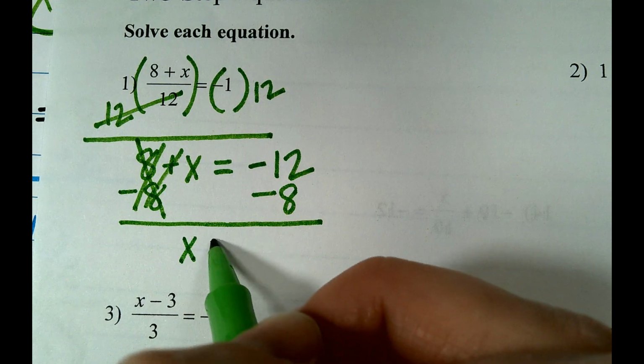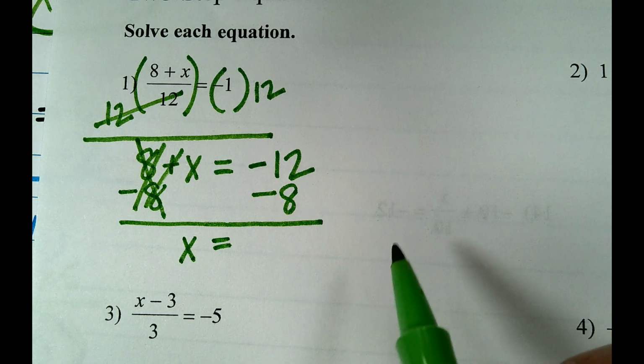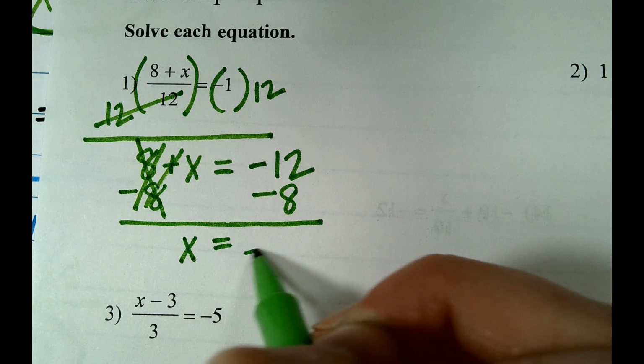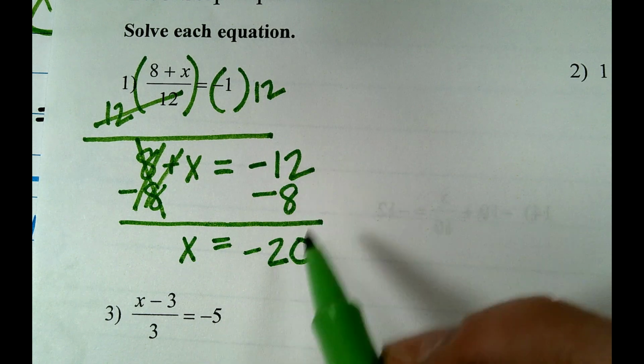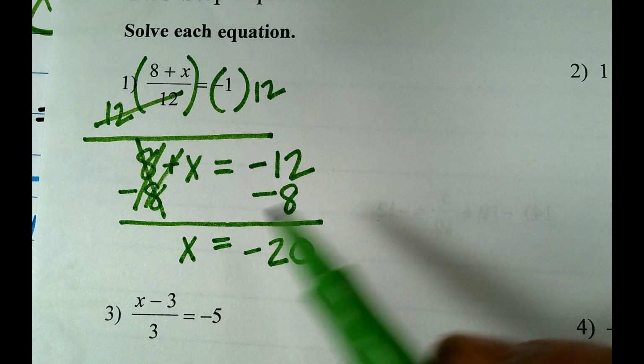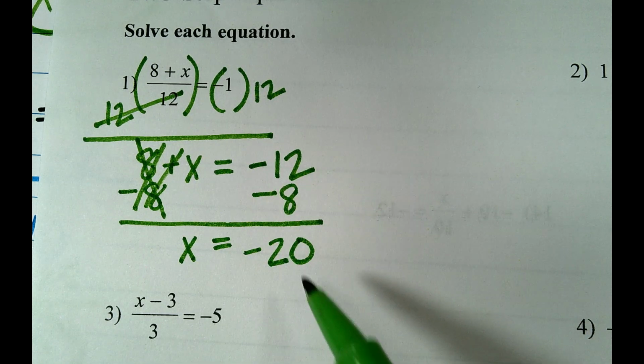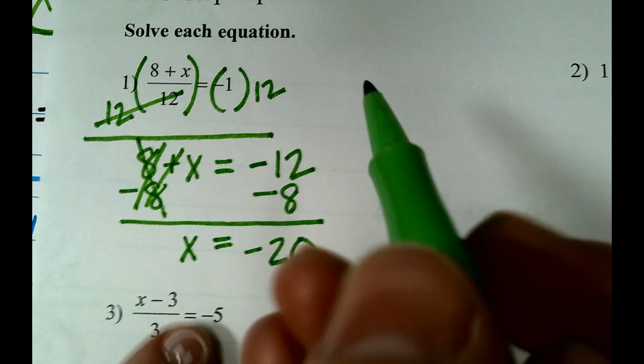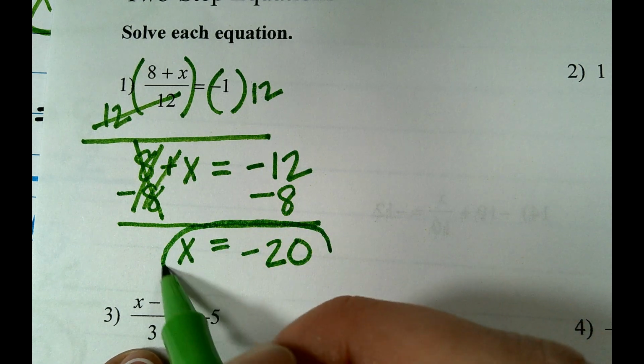You should get a negative. That's right. What answer did you get? -20. Perfect. -12, take away 8. You will get an even bigger negative. -20 will be your answer here.